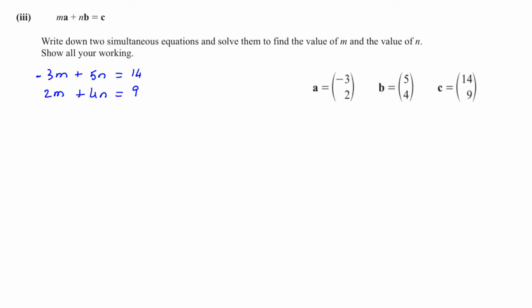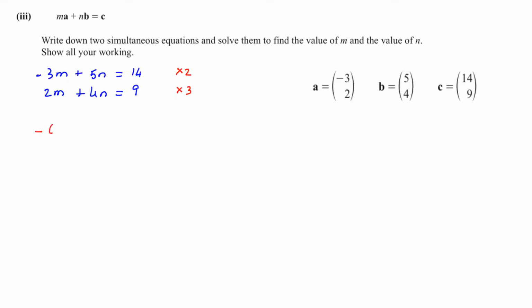Now we have to solve it simultaneously. Now if we decide to cancel M, we need to have the same coefficient. So I'll multiply by 2 my first equation and by 3 the second equation. This will give me negative 6M plus 10N is equal to 28. 6M plus 12N is equal to 27.